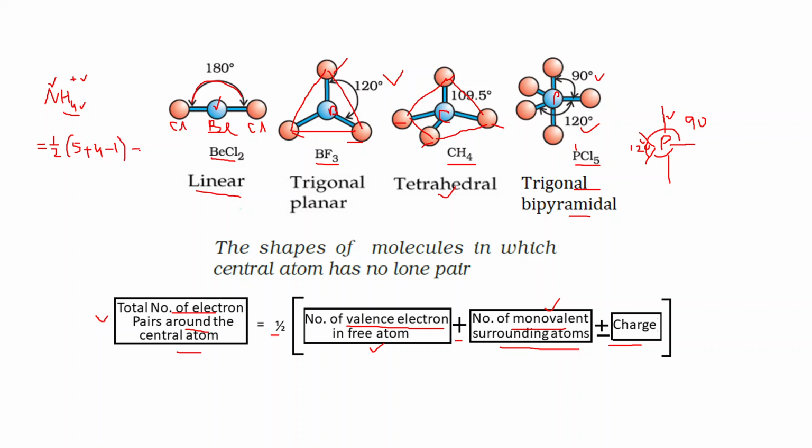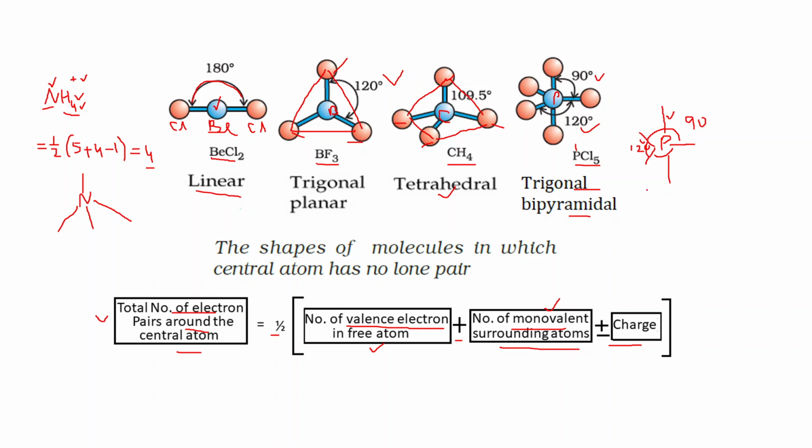If you solve it, you get 4. It means the total number of electron pairs is 4, and all these are bond pairs, because nitrogen is surrounded by 4 hydrogen atoms. When 4 are bond pairs of electrons, they are arranged in a tetrahedral manner. This is N, and these are H, H, H and H.